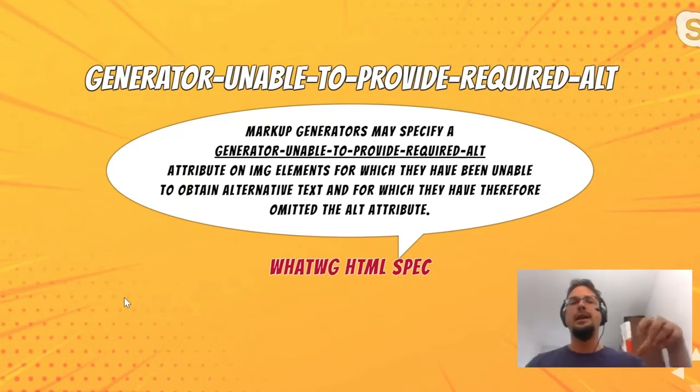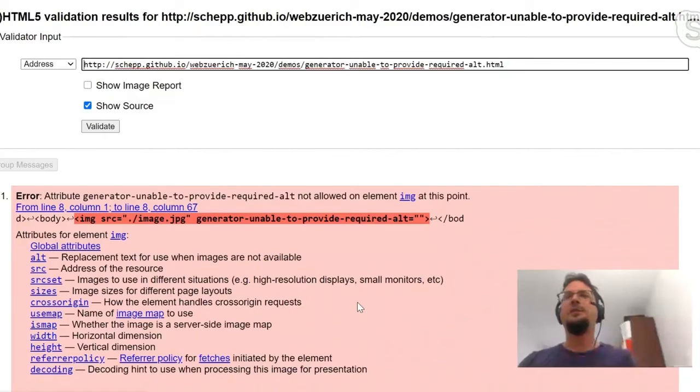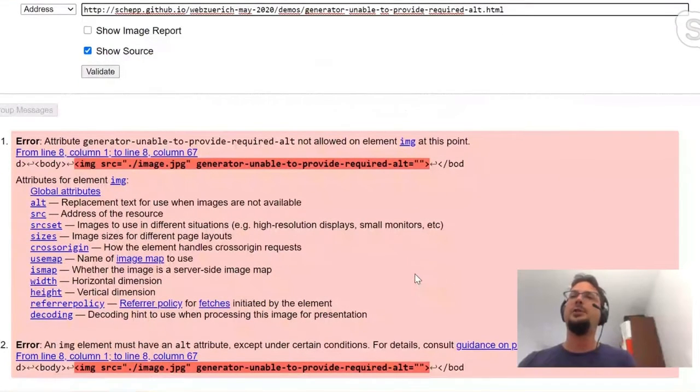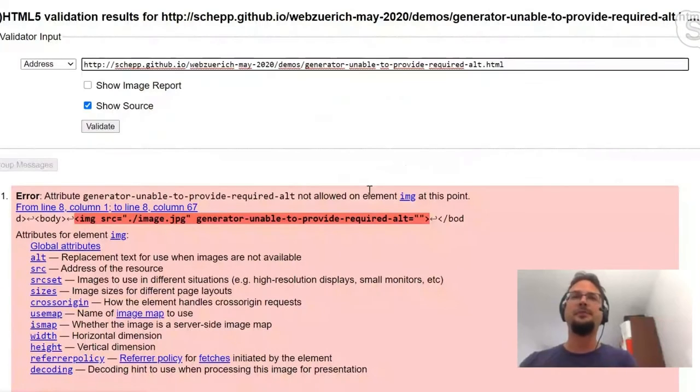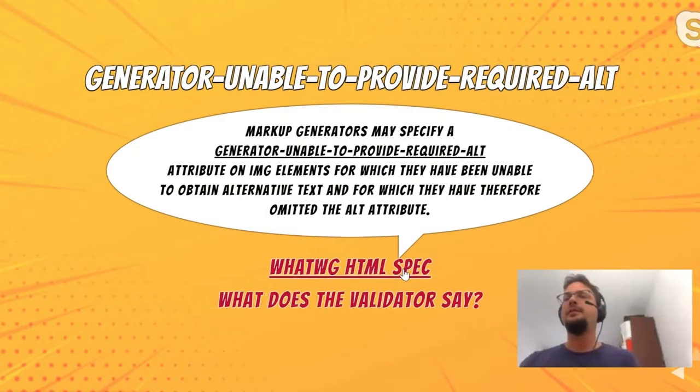Then they can mark these images as machine generated, and that's basically the use case for that. So the interesting question is, does the validator know about it? And the validator doesn't know about it, so it will throw an error. You can find the link to the spec with the attribute over here.